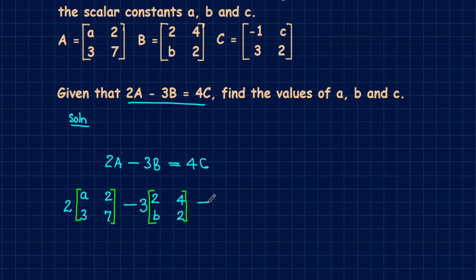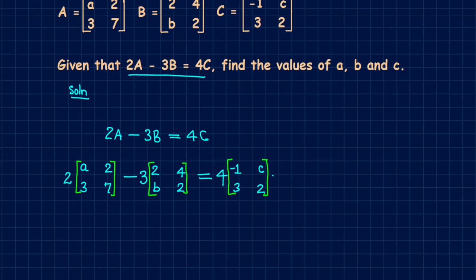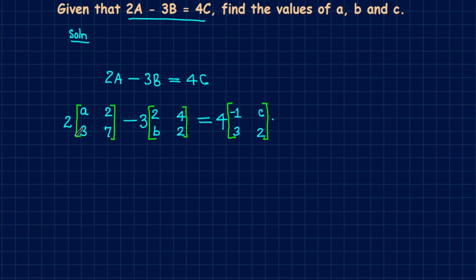This is equivalent to 4 as a scalar multiplying matrix C, which has the elements negative 1, c, 3, and 2. Having done this substitution, we can now multiply these scalars by their corresponding matrices to obtain the new matrix that results from the multiplication.